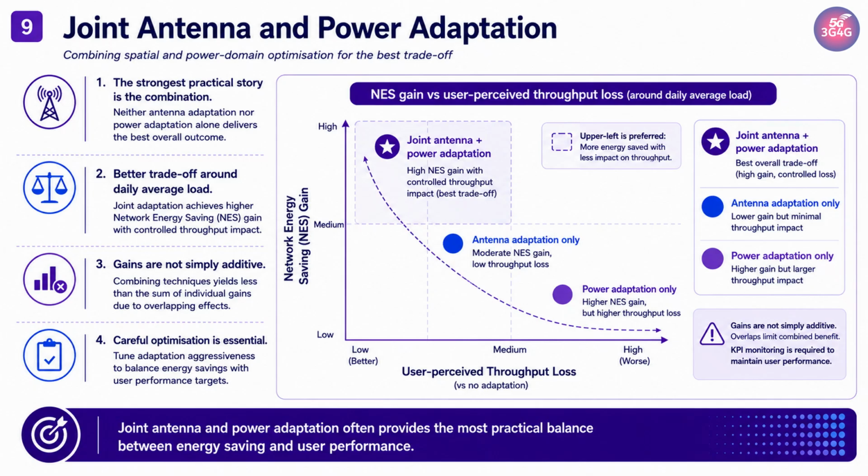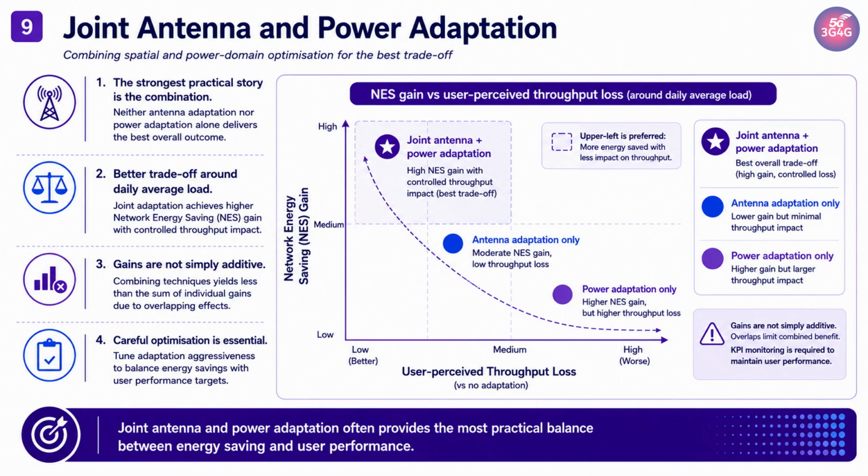Nokia's analysis suggests that power and antenna adaptations can provide a strong practical trade-off between energy saving gain and throughput impact, especially around daily average load. But the gains from multiple techniques are not simply additive. If two techniques affect overlapping parts of the radio chain, combining them does not always give the sum of individual savings.